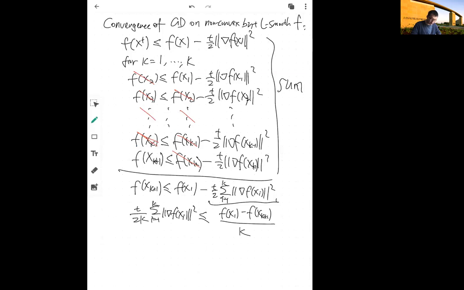Okay, let's further divide both sides by t to make it closer to what we want, and then move this 2 to the other side again. So we get this expression.